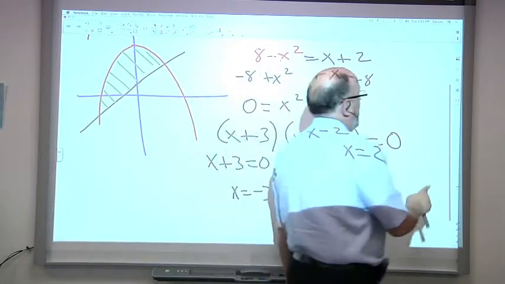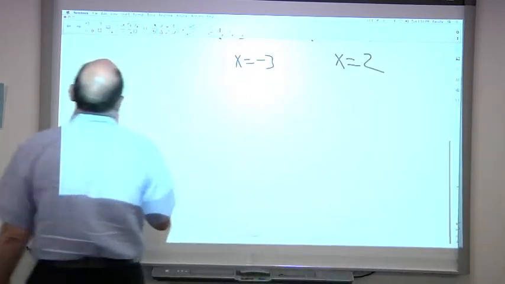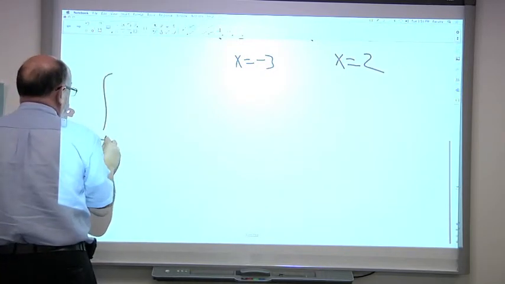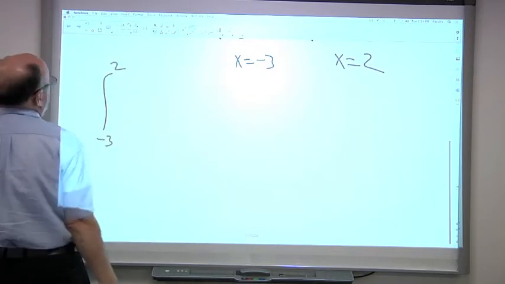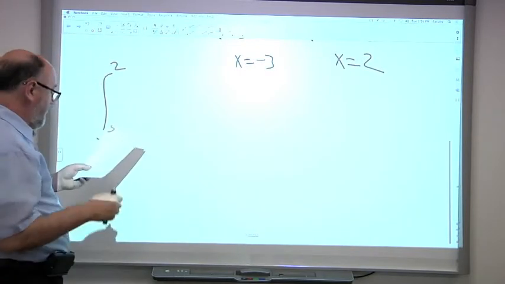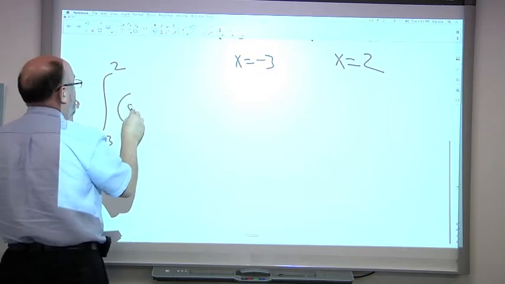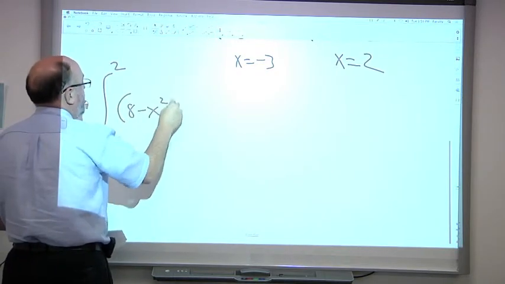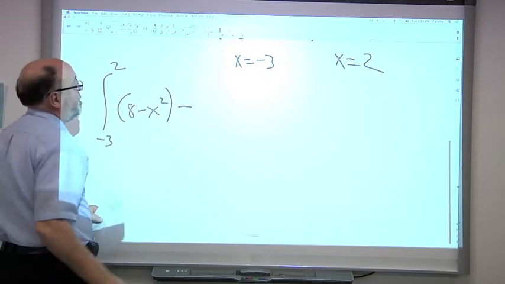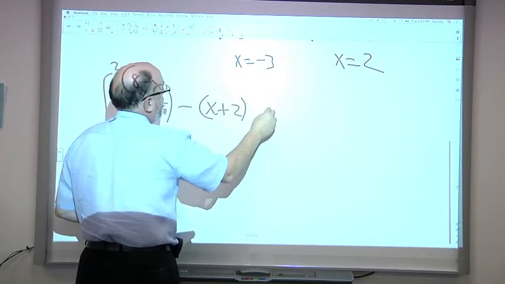So now we need to set up our integral. Right? So the integral is going to be from -3 to 2. Okay? And it's going to be my quadratic function, which was the 8 minus x squared, minus my linear function, which was this.